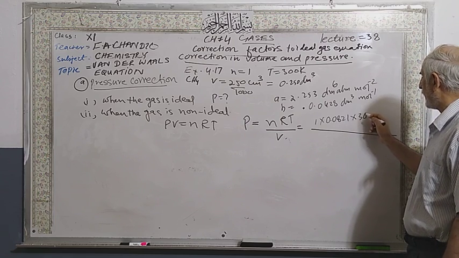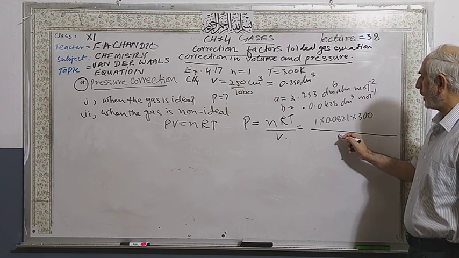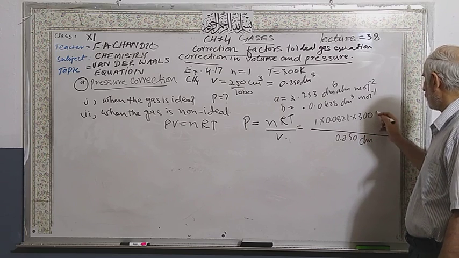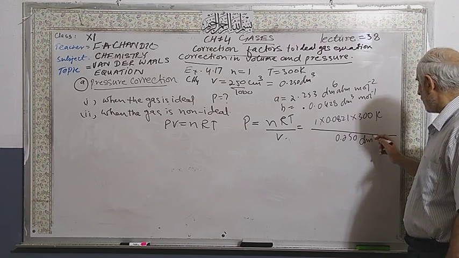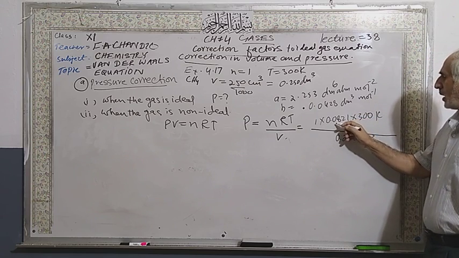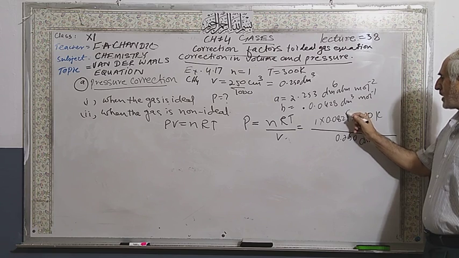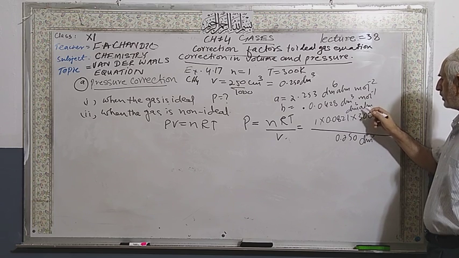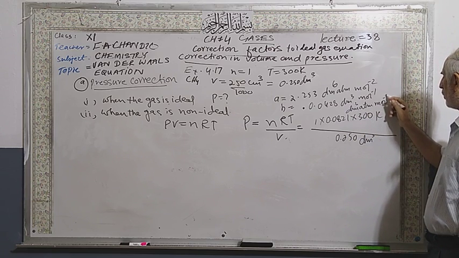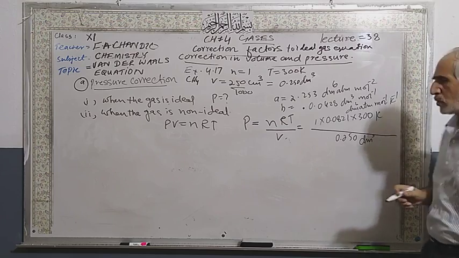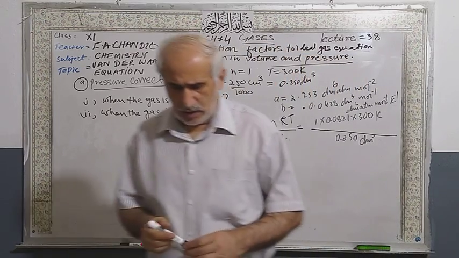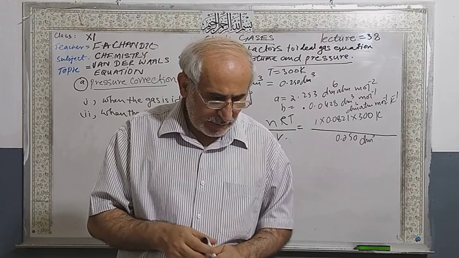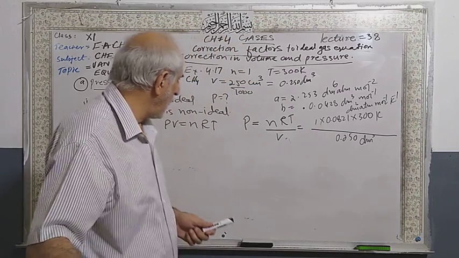Temperature is 300 Kelvin. Volume is 0.250 decimeter cube. The units of the general gas constant are decimeter cube atmosphere per mole per Kelvin. By using these formulas and inserting the values with the units, you will get the answer 98.52 atmosphere.